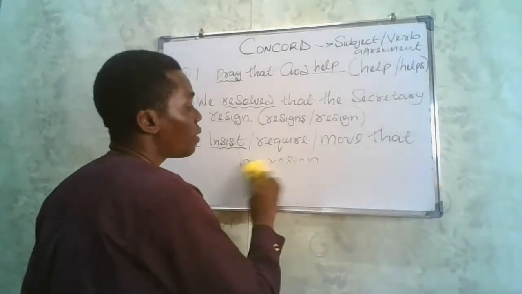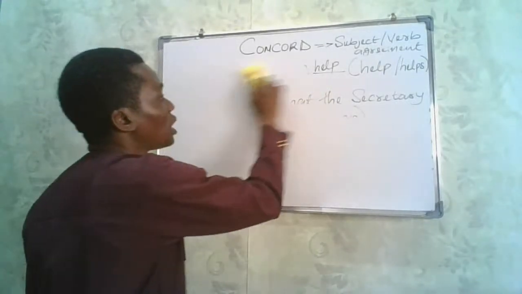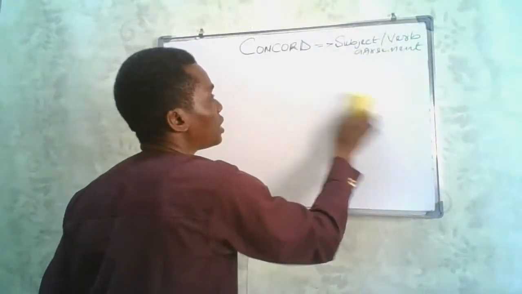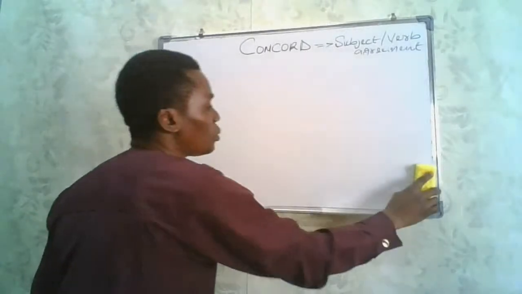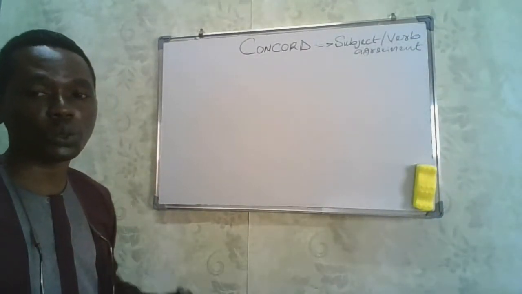Now, I want you to have these questions. These questions are JAMB UTME questions, and I want you to look at them thoroughly and see if these rules apply to them.